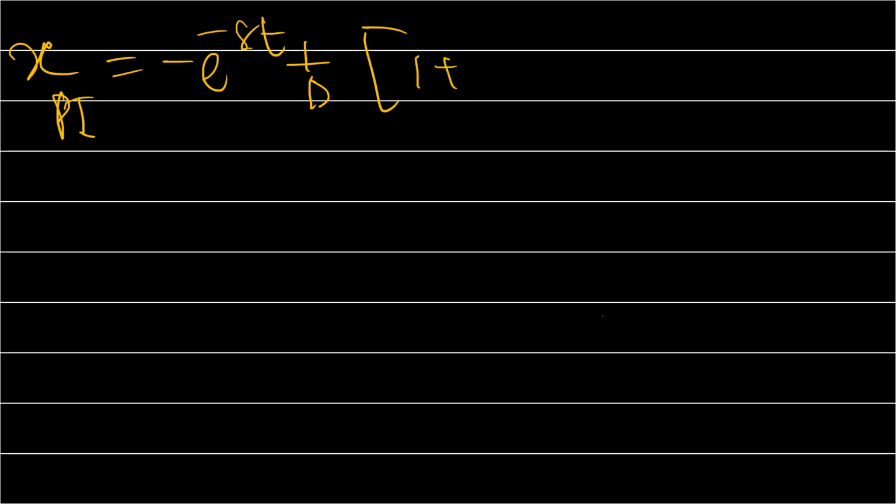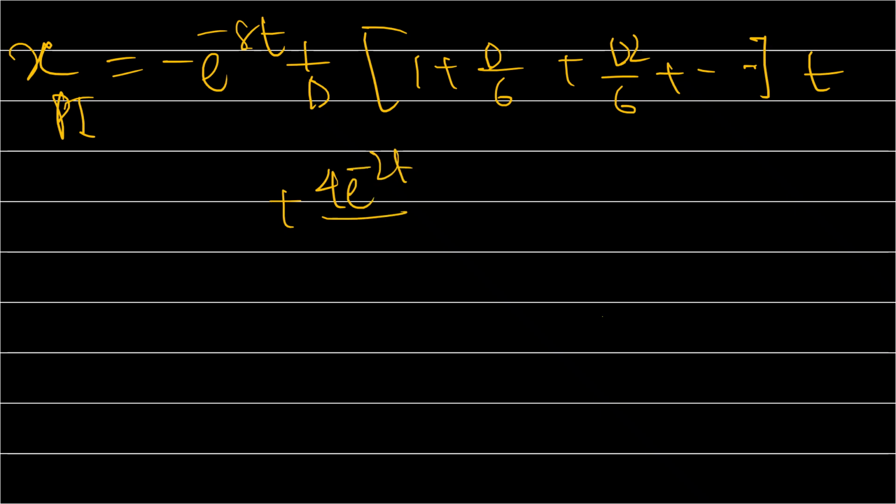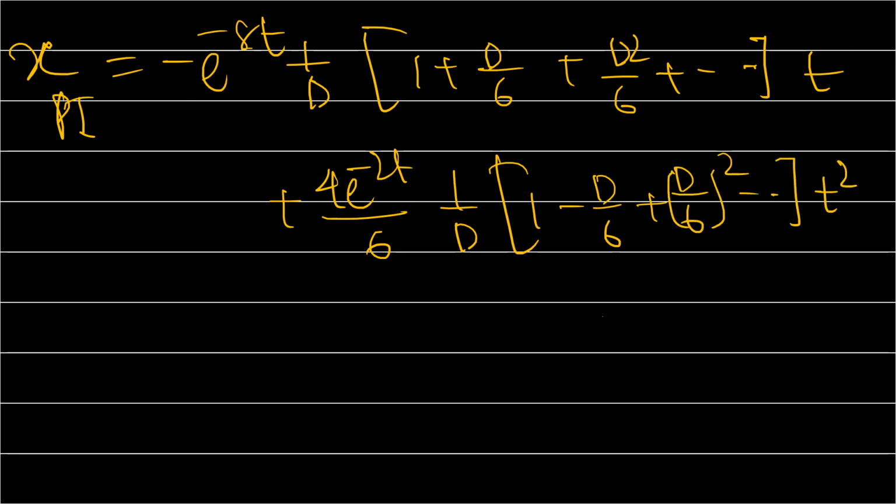Now again, this is not a YPI, according to the question this is the XPI value, which is equal to minus e to the power minus 8t, 1 by D, whole into 1 plus D by 6 plus D square by 6, plus 4 e to the power minus 2t divided by 6, 1 by D, 1 minus D by 6 plus (D by 6) whole square, t square.